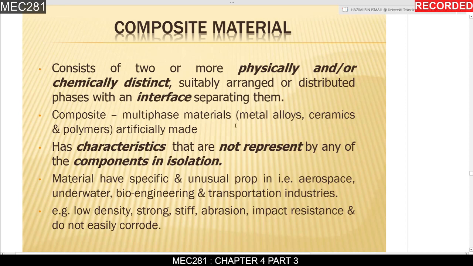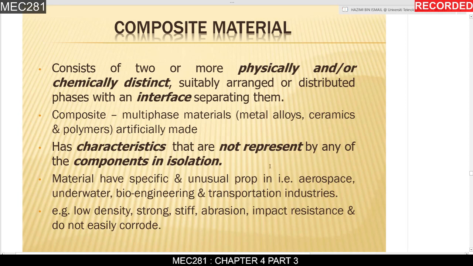Composite is a multi-phase material, of metal alloy, ceramics, and polymer, artificially made. And the composite also has characteristics that are not represented by any of the components in isolation. Materials have specific and unusual properties in aerospace, underwater, bioengineering, transportation, and industries, and so on.